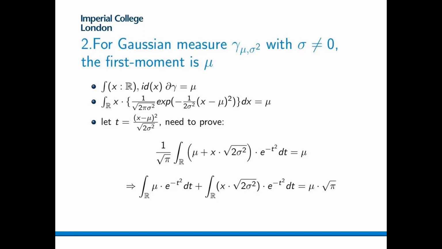With the help of Fubini, we can prove that the latter part actually equals 0. All we need to do is prove that the former part equals mu times the square root of pi. And this can be proved by the theorem called the Gaussian integral, which we have used many times and talked about before.